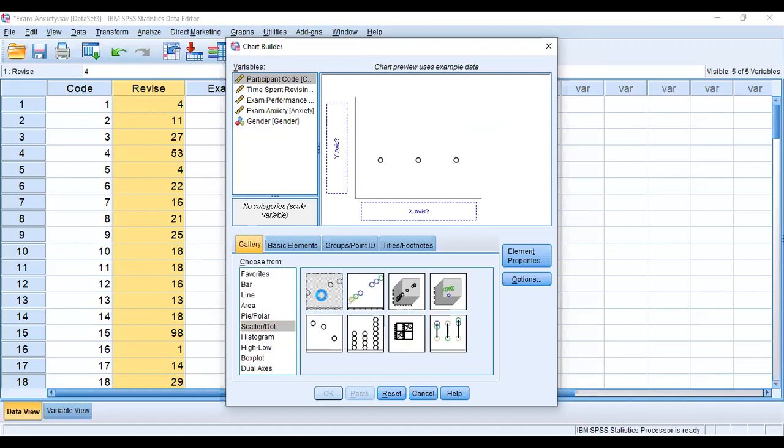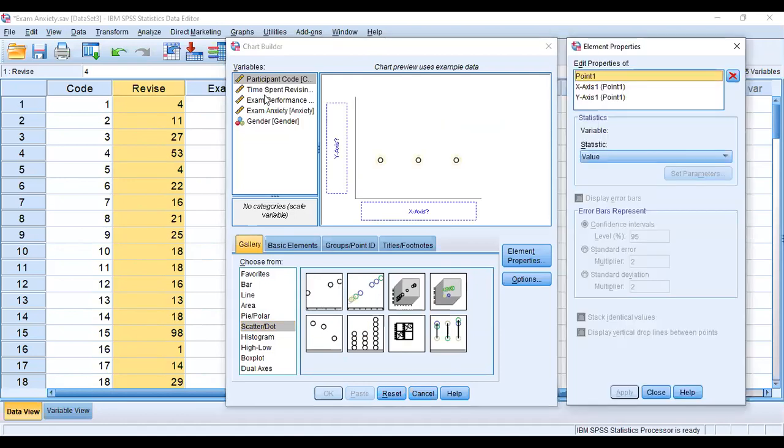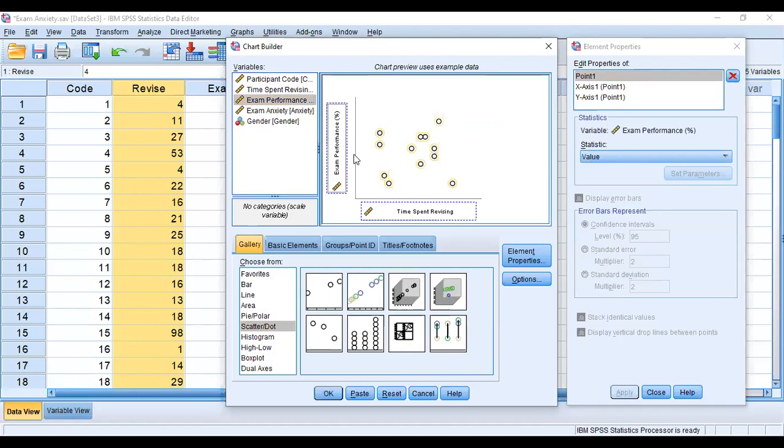I will double click here, and I want to see the relationship between the time spent on revision and exam performance. As we know, there is a positive correlation between the time spent on revision and exam performance. Now we have taken time spent on the x-axis and exam performance on the y-axis, because it depends on time.